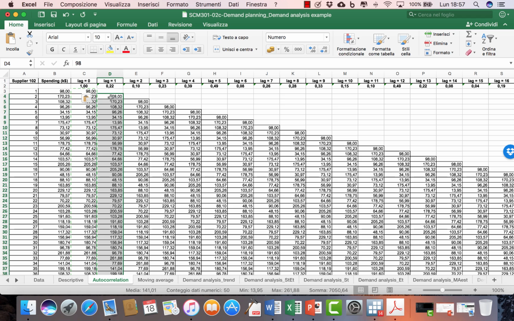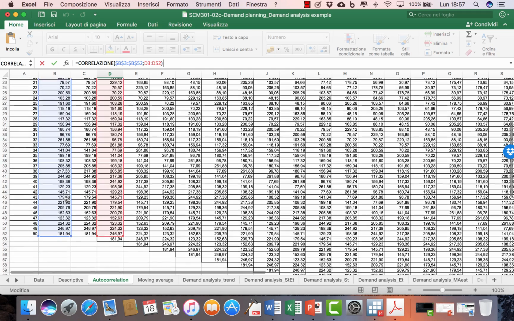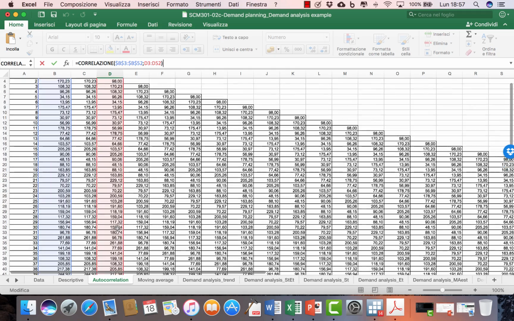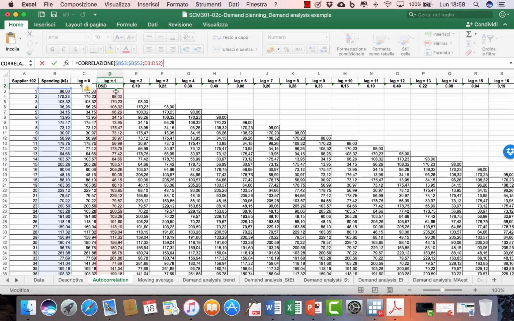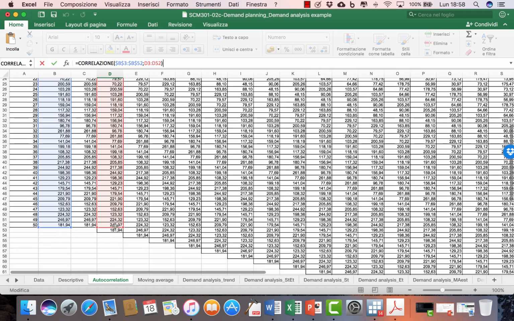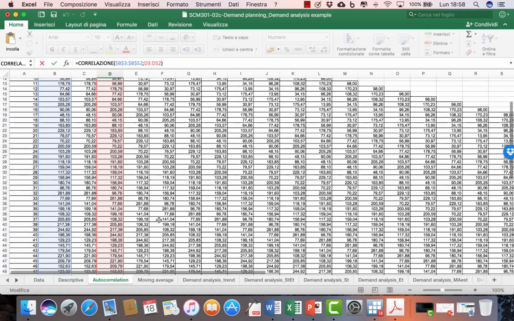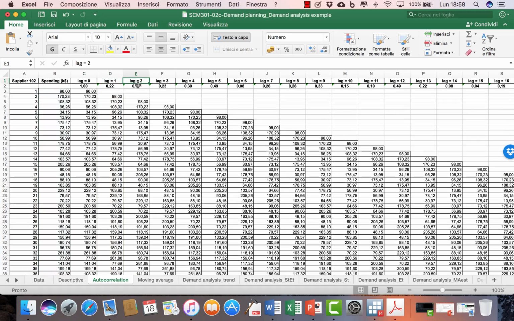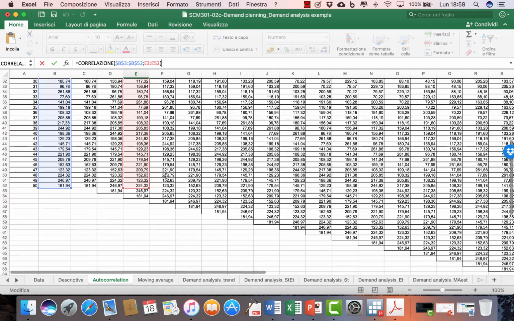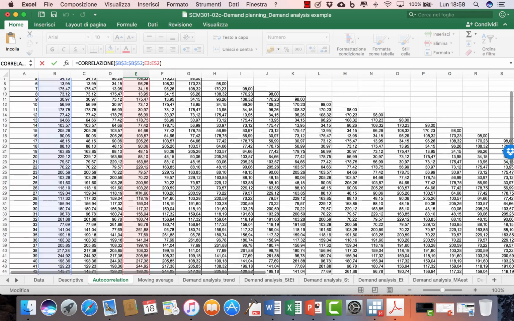And then you correlate this series with this series, being careful to take only the first 50 values in this case. So, once you are doing this job, you are losing more and more observations. If you put lag equal to 2, the correlation is evaluated like this. So you are losing more and more observations from our analysis.